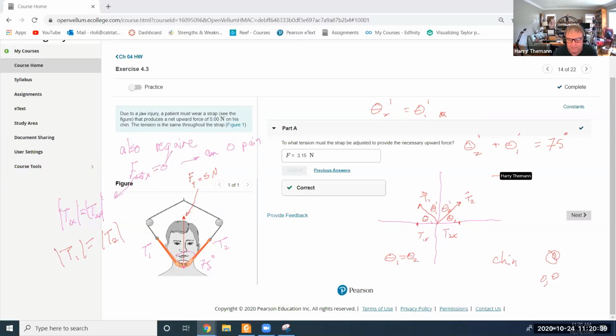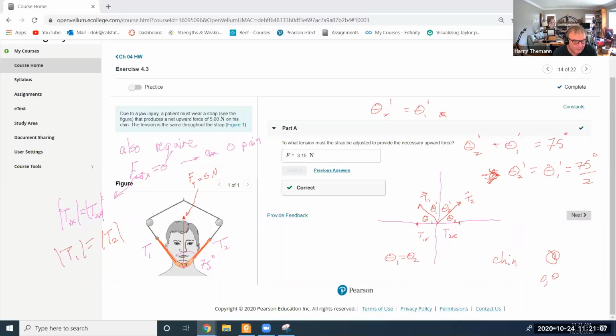And that implies that theta 2 prime equals theta 1 prime equals 75. No, this implies, yeah, it's not an equal sign there. This implies that. So, I mean, it's not necessary for the problem, but I'm just hammering it, right? Because you asked me how do I choose components, whatever.